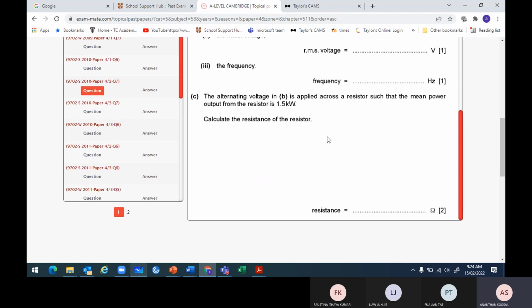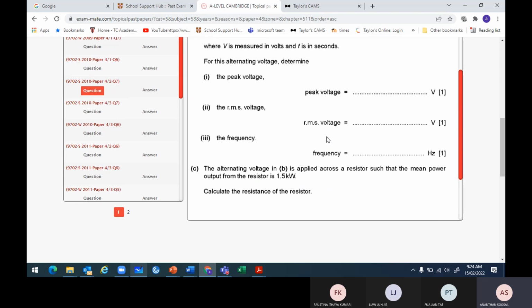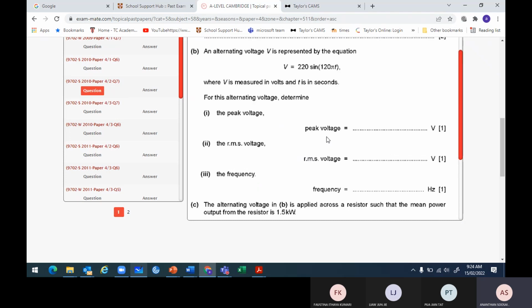Go back to the equation. The mean power is 1.5 kilowatt. Calculate the resistance.